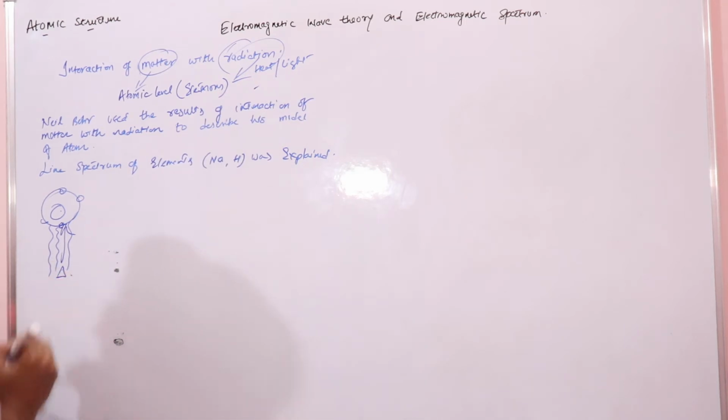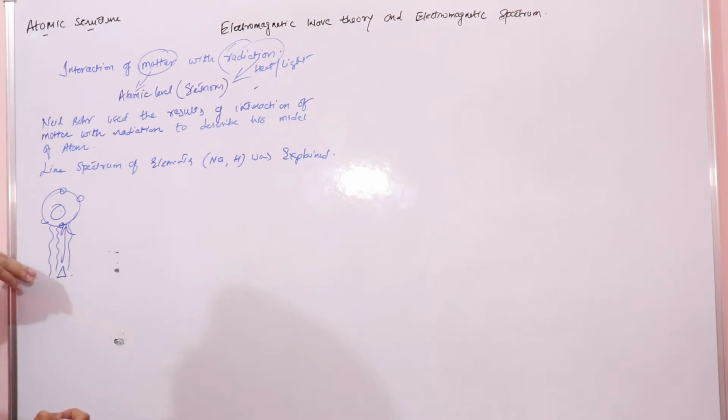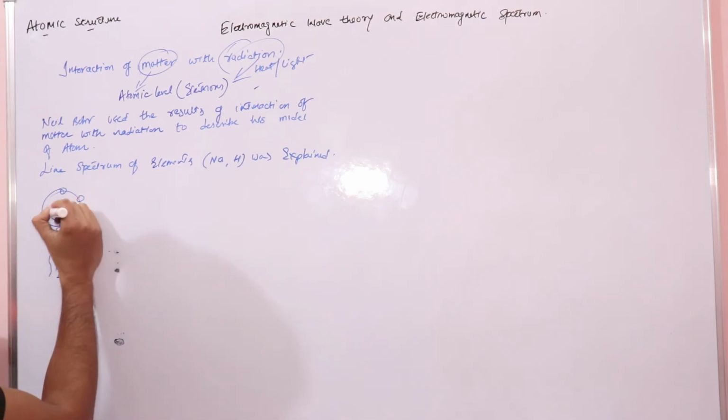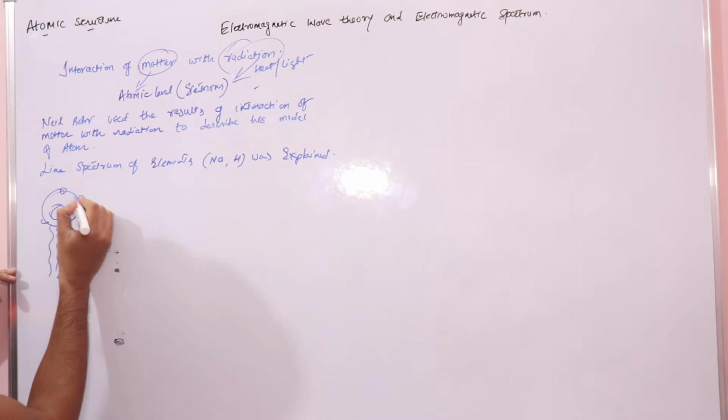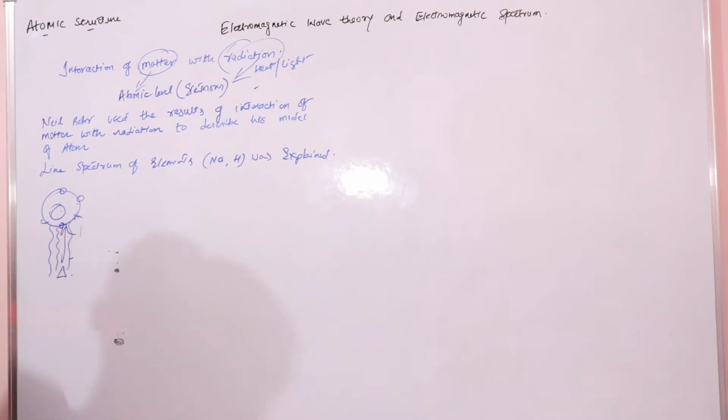What is the result of this energy when it falls on this atom? How do these electrons behave when these radiations interact with the atom? This is what we're going to study in this lecture.